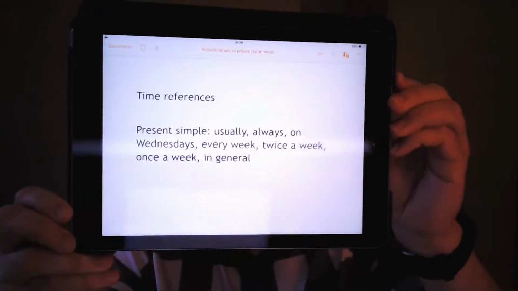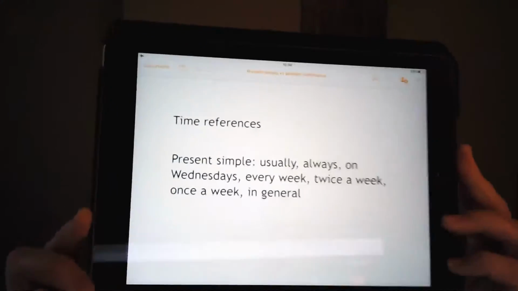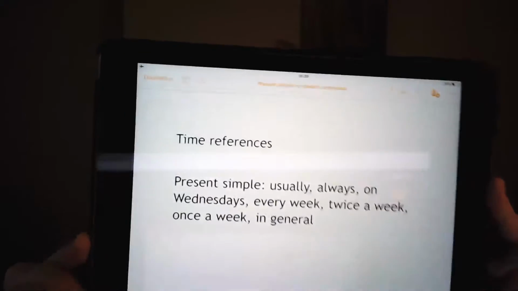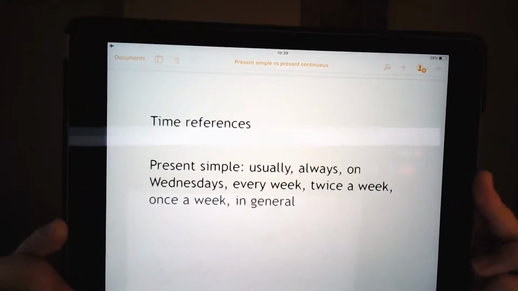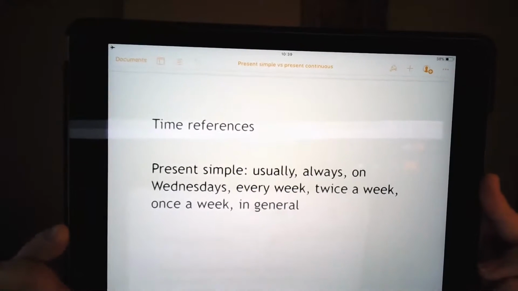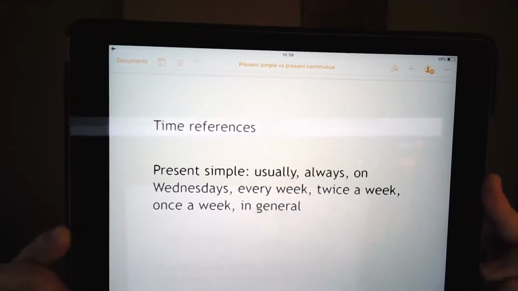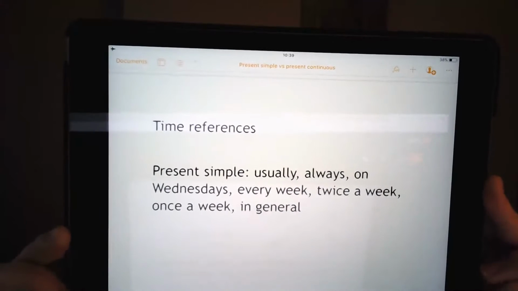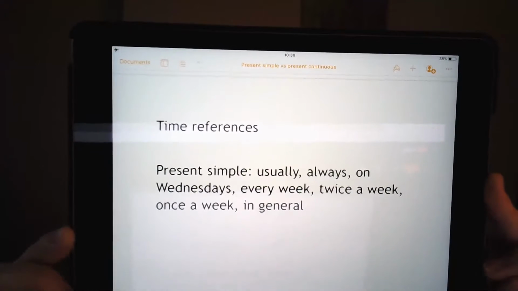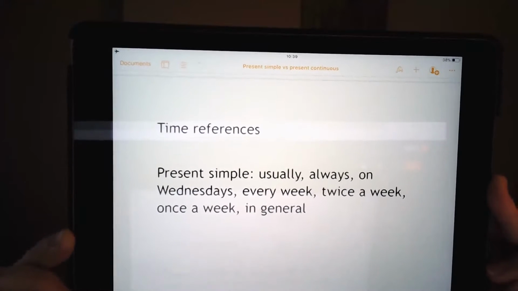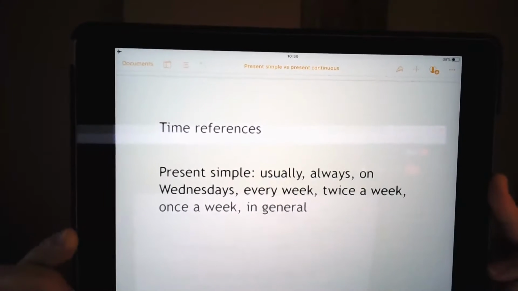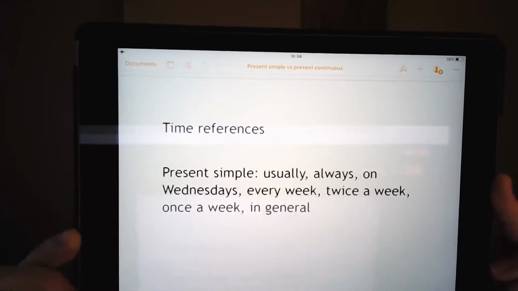So there we can see present simple, the type of time references that we use with present simple, and also which show the meaning here. We have usually, always, sometimes as well, all of those adverbs of frequency. On Wednesdays, every week, twice a week, once a week, and in general.